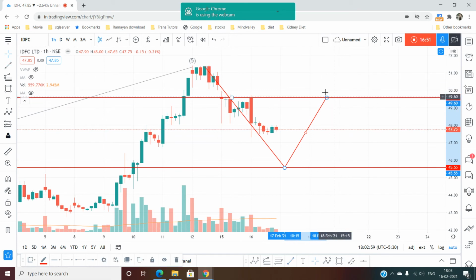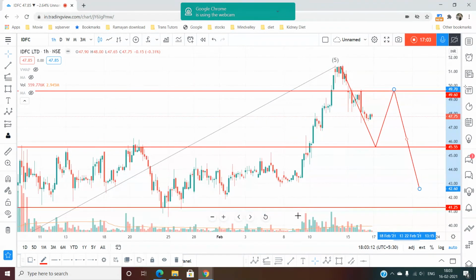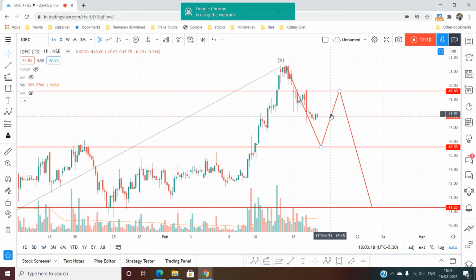Now this again becomes a critical zone. From here it can move upside or it can go downside, and it can come to 41.25. Now why am I saying this?